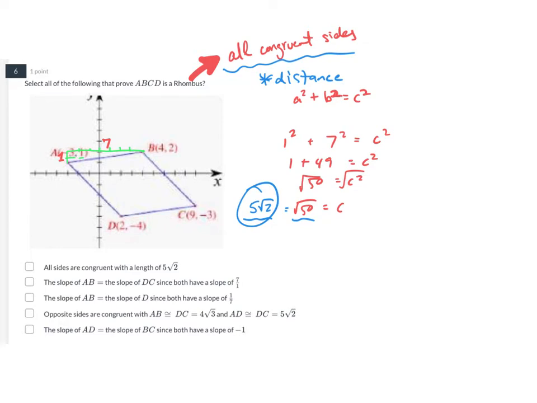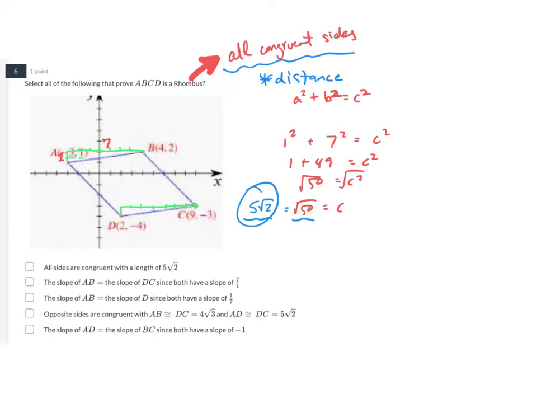All right, and then I can count the rise and run of DC to see if it matches. D to C goes up 1 and over a lot. Let's count them. Ooh, it's really hard. This graph's tough. 1, 2, 3, 4, 5, 6, 7. It's hard to see the points.